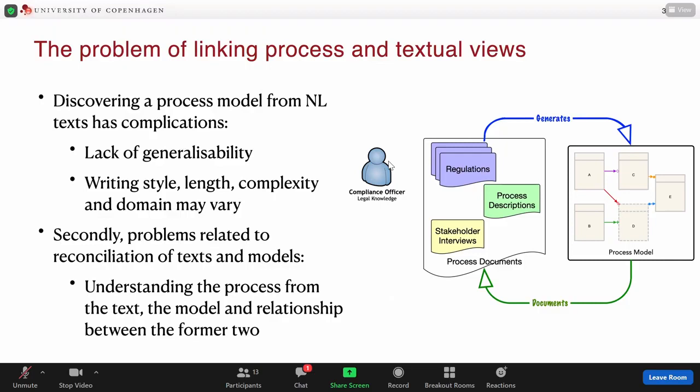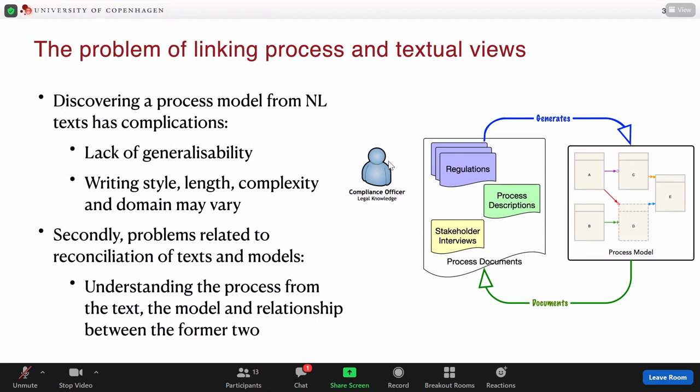Some of the problems there are lack of generalizability. You would have some textual patterns that describe certain things, but then when you move to a different content, for instance, if you're going from interviews to laws, then the patterns that you have used to mine what was the process of presentation stop being useful.